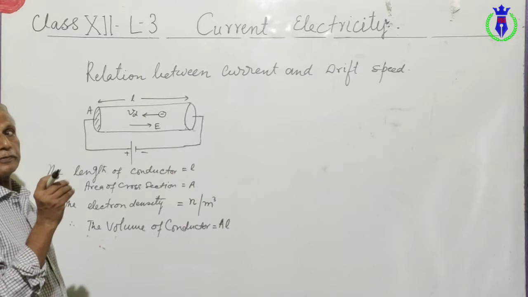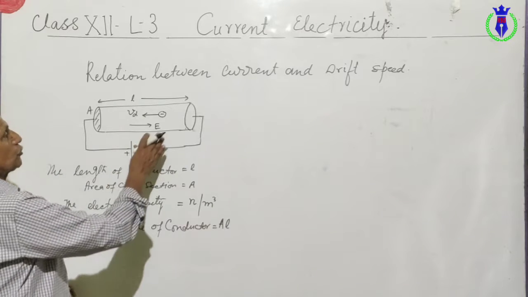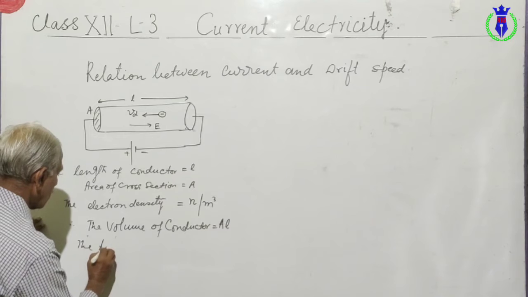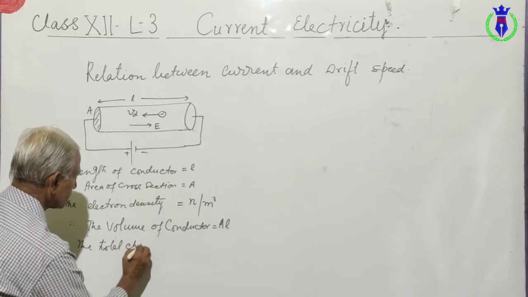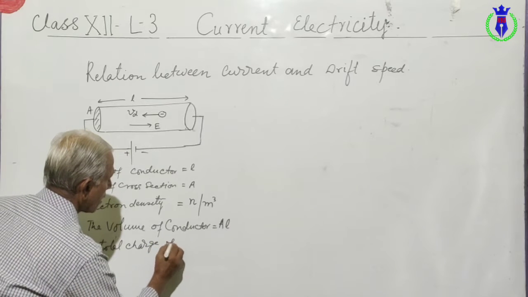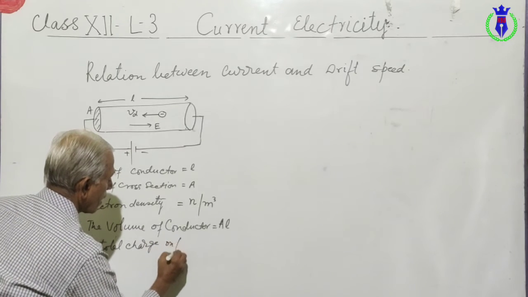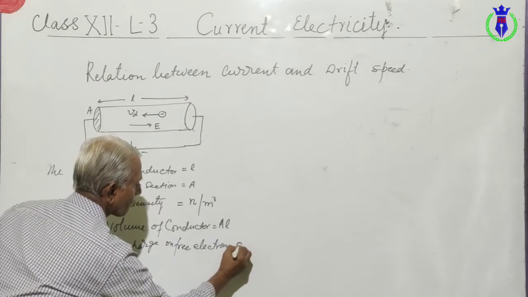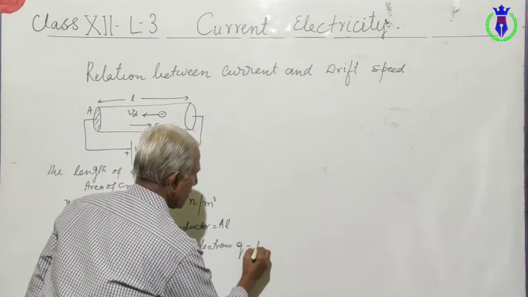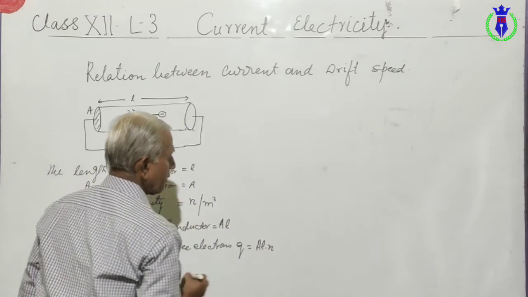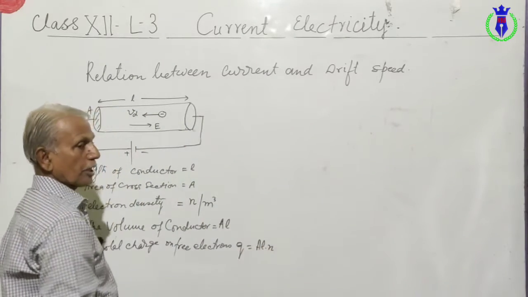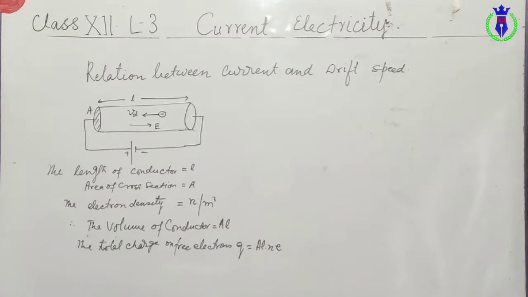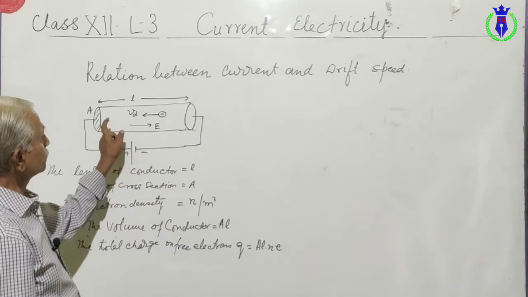The charge of the electron is E, and therefore the total charge on free electrons: AL is volume, N is the number of electrons per unit volume, and therefore the total number of electrons, and the charge of electron is E. Therefore, this is the total charge on free electrons in the conductor.